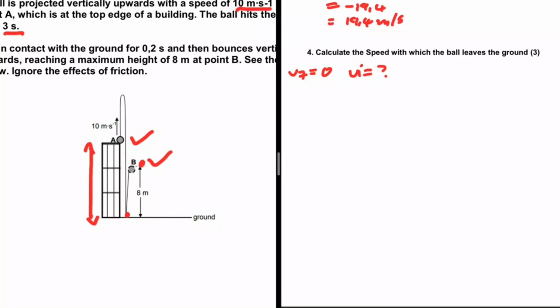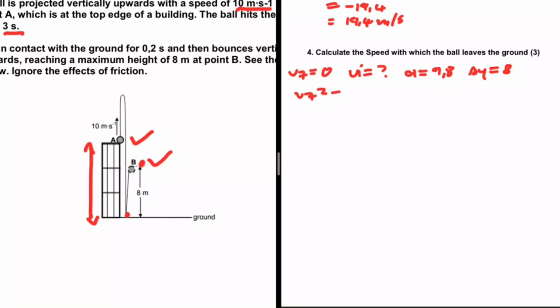Okay, we cannot use 10 meters per second anymore. No. We're interested in the velocity as it leaves the ground. Right. So the acceleration is still 9.8, and we are given delta y, the displacement from the ground to point B, which is 8 meters. So with these four variables, which equation can we use to find Vi?